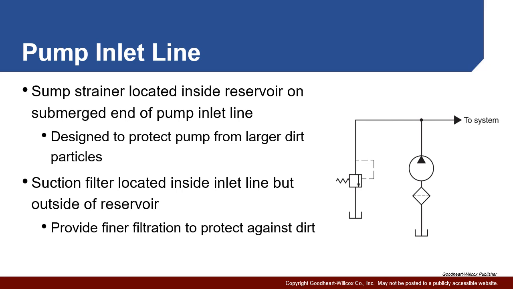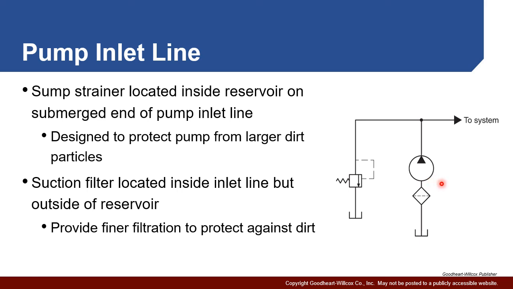Now, there is one problem with putting a filter on the suction line, and that is that it has the potential to cause pressure drops. And when we're trying to pull fluid into our pump, as you can see here, we have our filter right in line, it's being pulled into the pump. If you cause significant pressure drops, that can lead to cavitation issues in the pump itself.